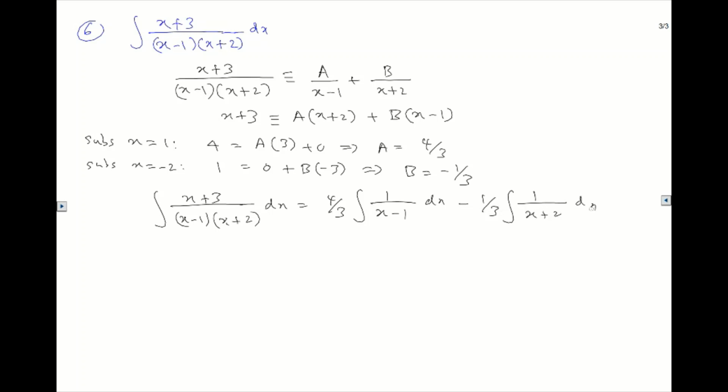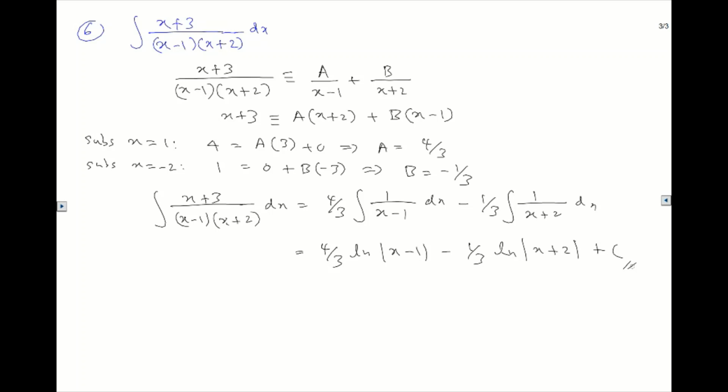Now you can see that these are very simple log functions. So it is 4/3 natural log of |x minus 1| minus 1/3 natural log of |x plus 2|. We need the absolute value sign because we don't know whether they are positive, so we write it like that. So that's the problem. It's very simple.